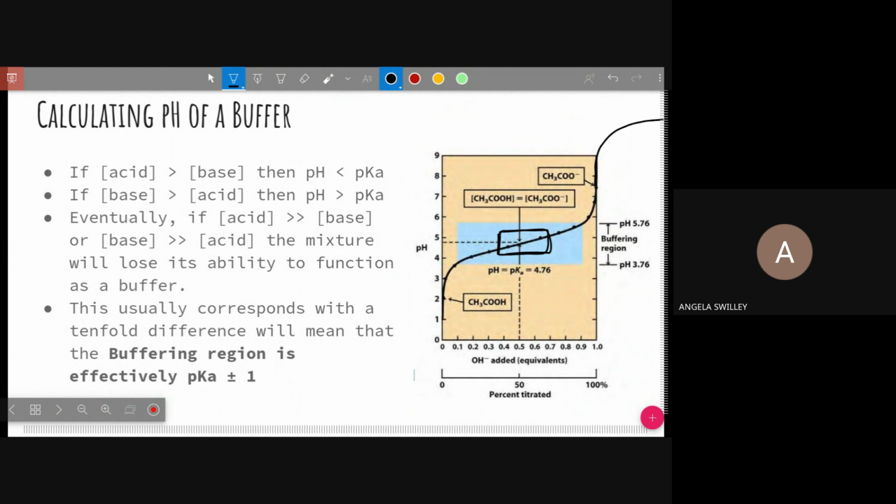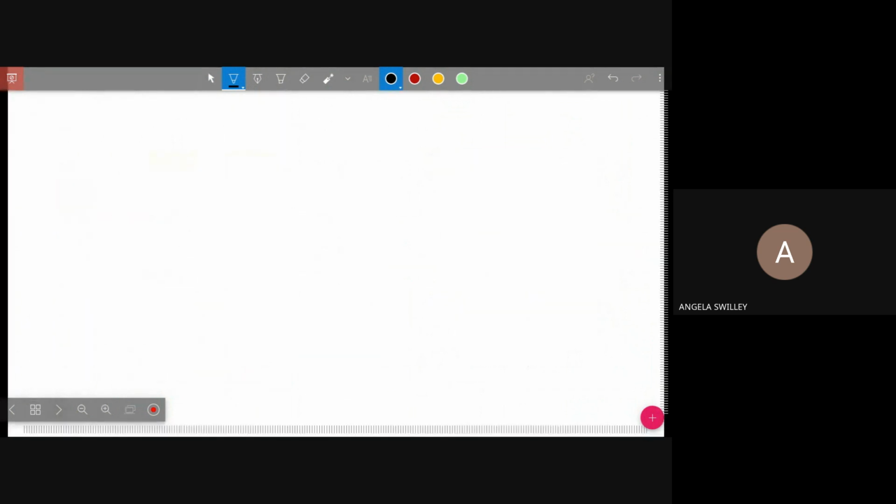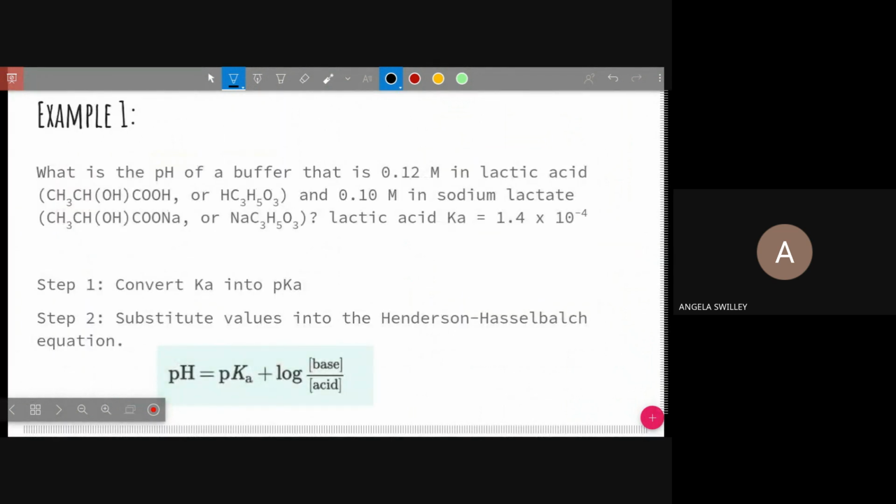All right, so let's look at example 1. What is the pH of a buffer that is 0.12 molar in lactic acid and 0.10 molar in sodium lactate? If you'll notice, your lactic acid is your acid, and your sodium lactate is going to be your conjugate base.